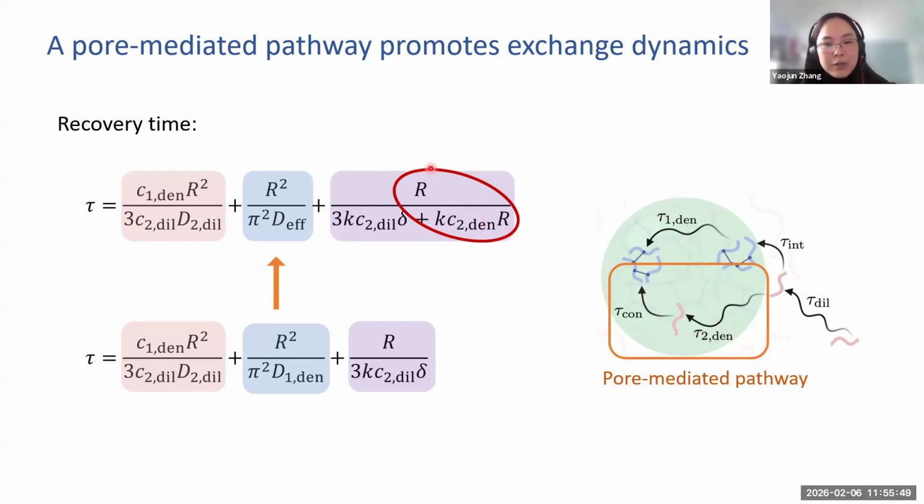In that situation, I want you to pay attention here that if this term is dominating the whole expression, and also the interface conversion is slower than this bulk condensate conversion, then this R cancels with this R here, making the conversion-limited timescale independent of droplet size. This is interesting. We have a constant now that is independent of radius, right? You'd be inclined to think that the larger the droplet, the longer it takes to recover, but not in this regime.